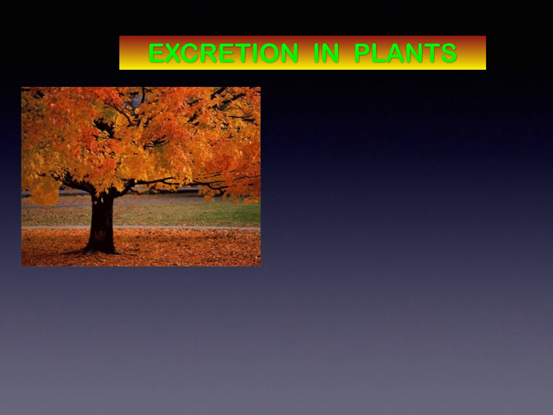In unicellular organisms, waste materials are directly eliminated across the cell surface, whereas the process of excretion in multicellular organisms is complex. Now, as you can see, we are going to see excretion in plants. So, excretion in plants is a simpler process than in animals.